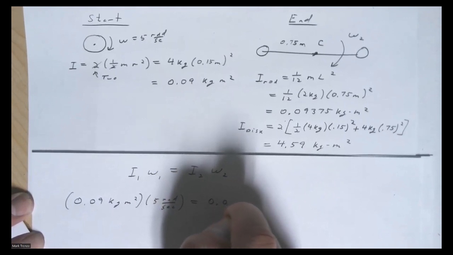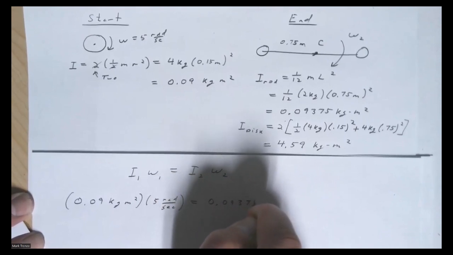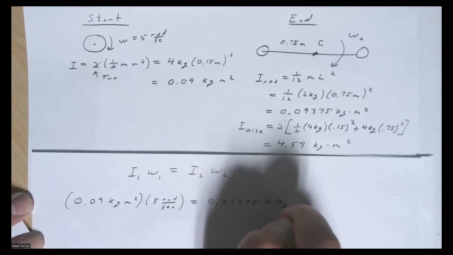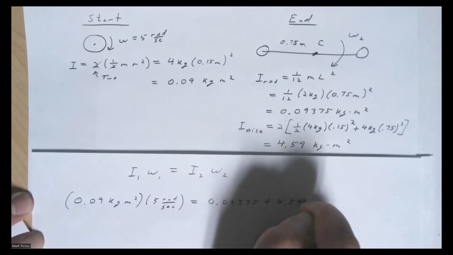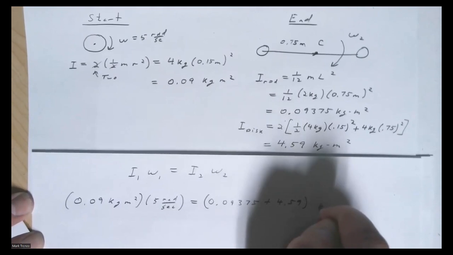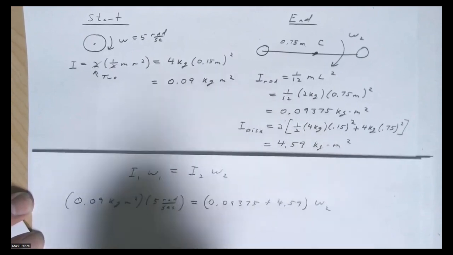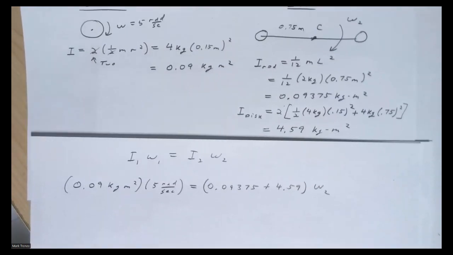So it's going to be 0.09375 plus 4.59, and times omega 2. And let's calculate this.